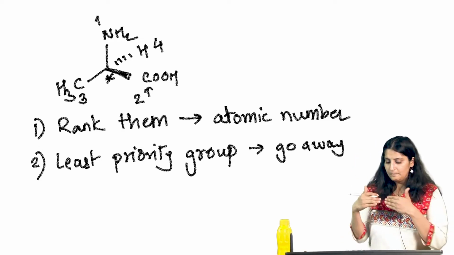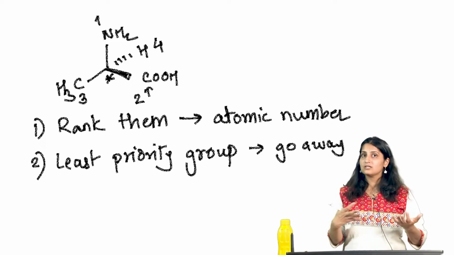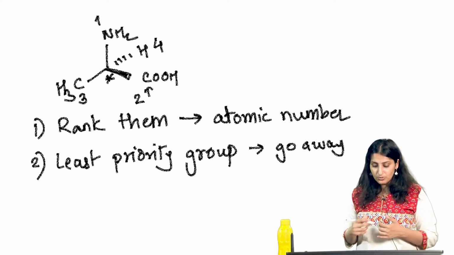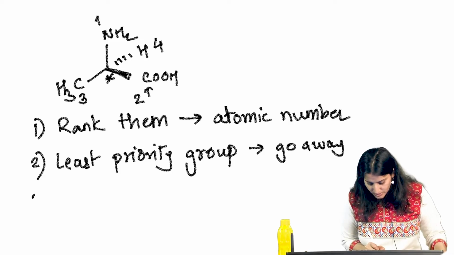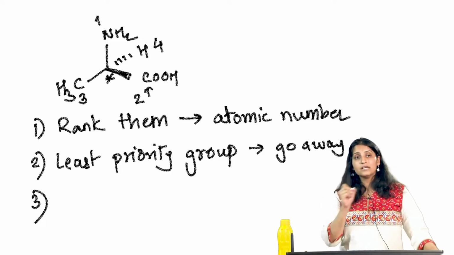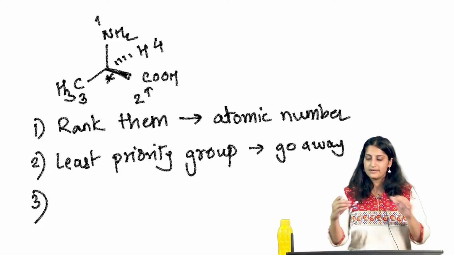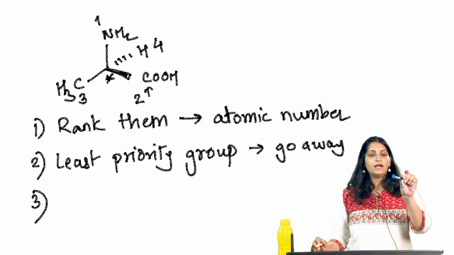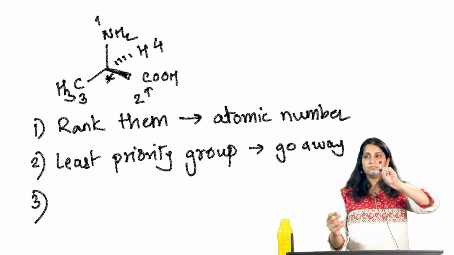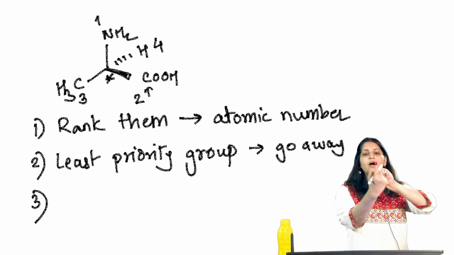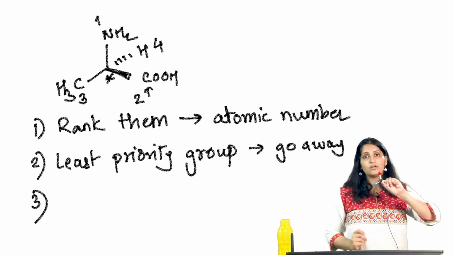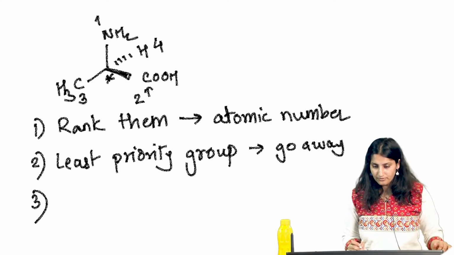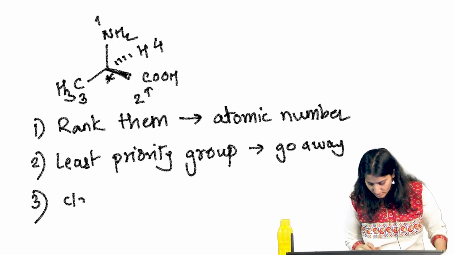As you can see, the dashed representation means the hydrogen is already going away from you, and then what we do is we look at how the other 3 groups are going. So, for example, in this case, if this is the hydrogen, I make it go away from you, and then you look at whether the priorities are clockwise or counterclockwise.